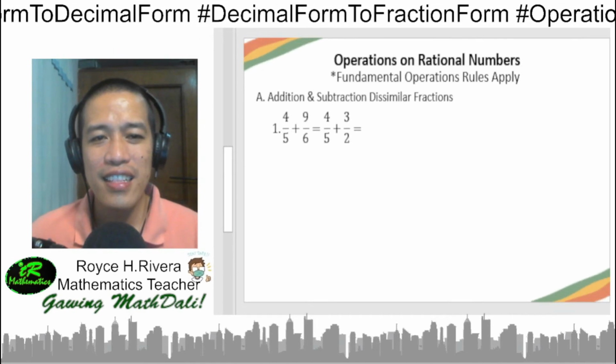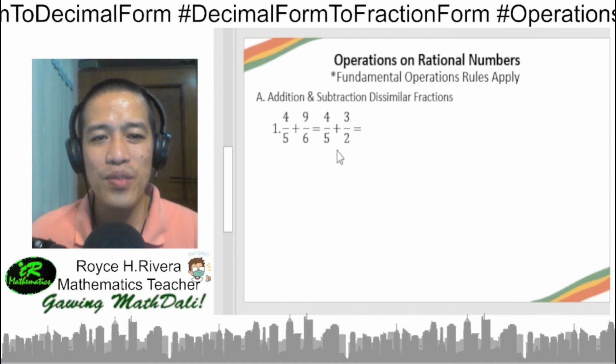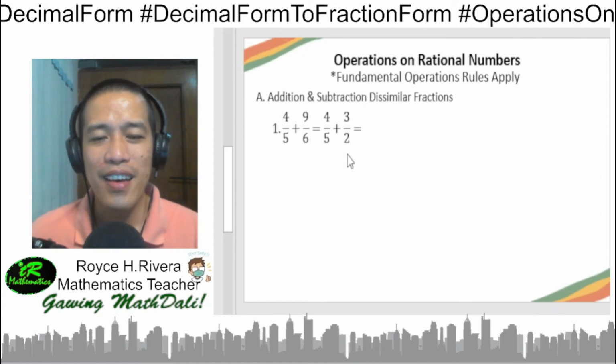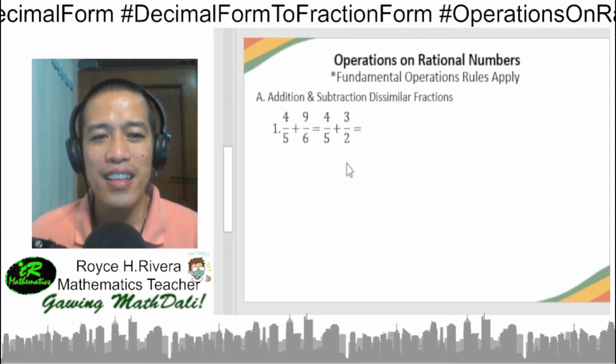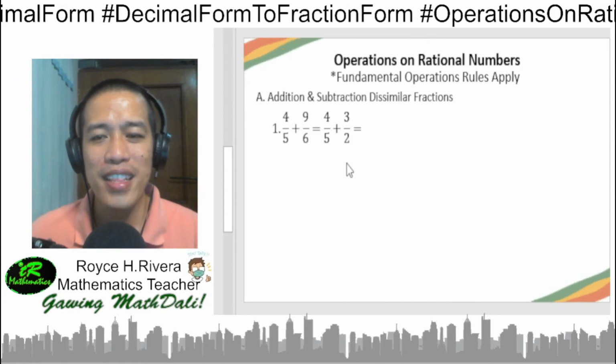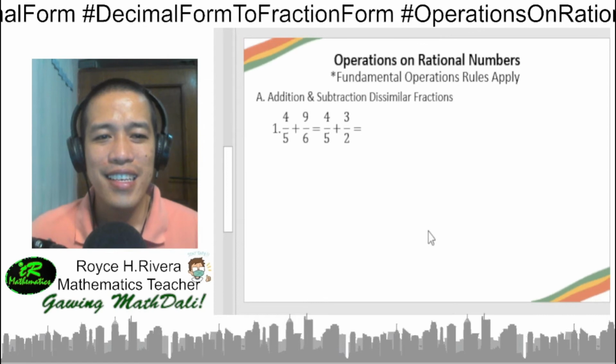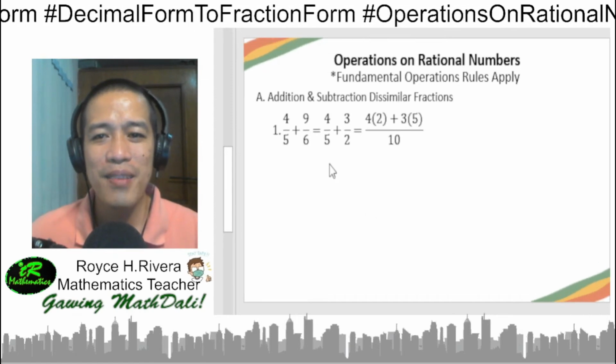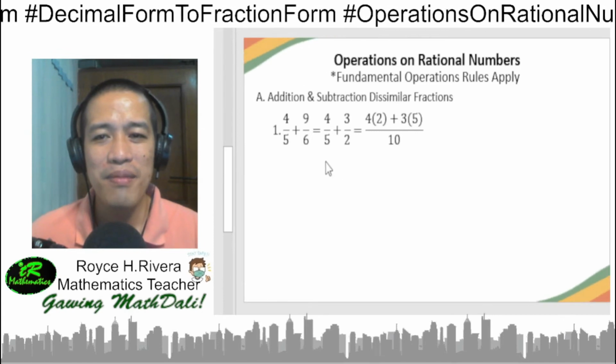Like 9 over 6 can be reduced into 3 over 2. Now, we are dealing with smaller quantities. Next, we need to identify the least common denominator of 5 and 2.